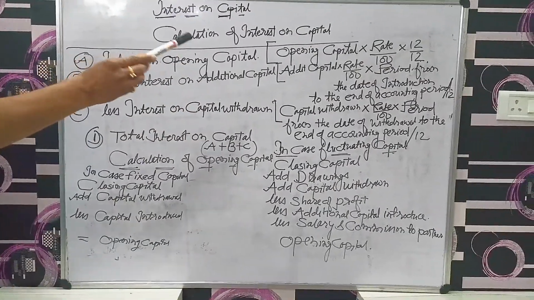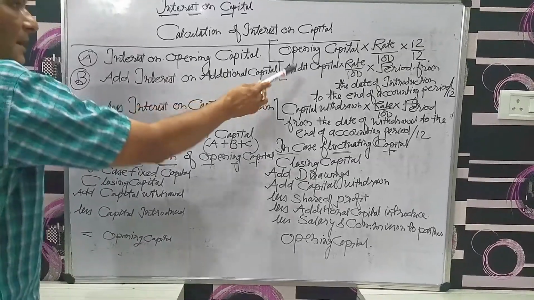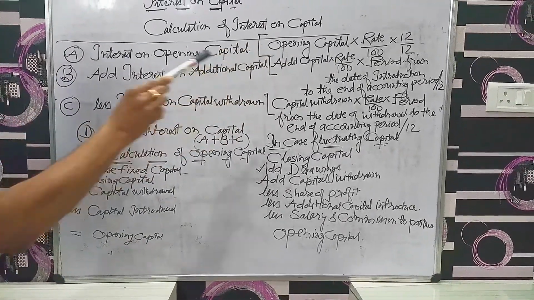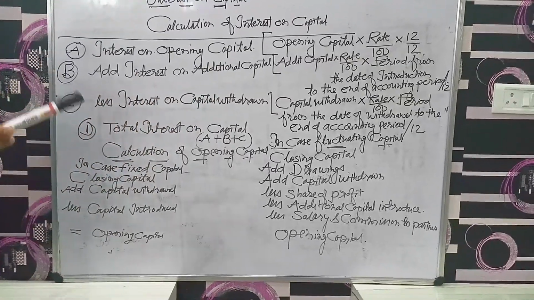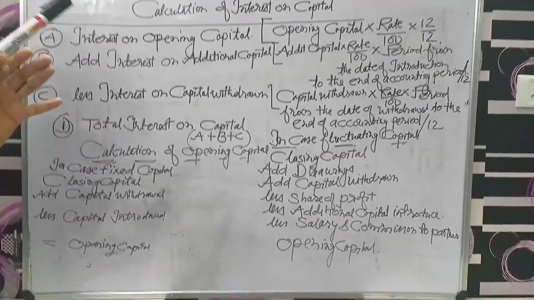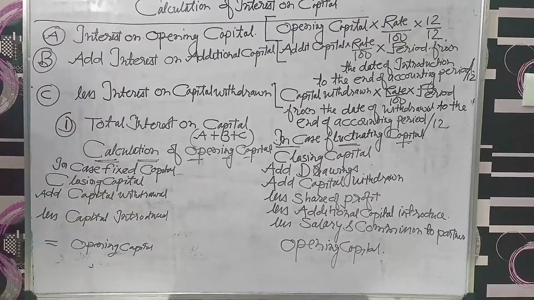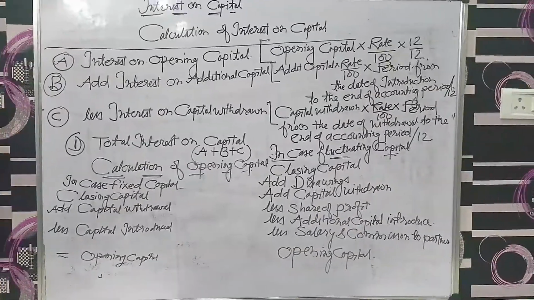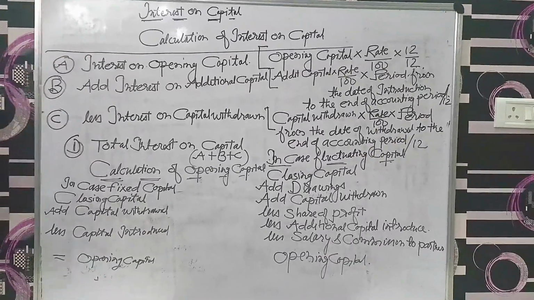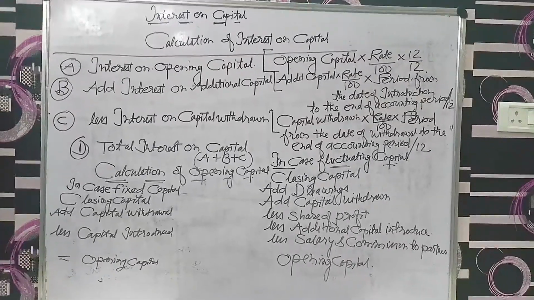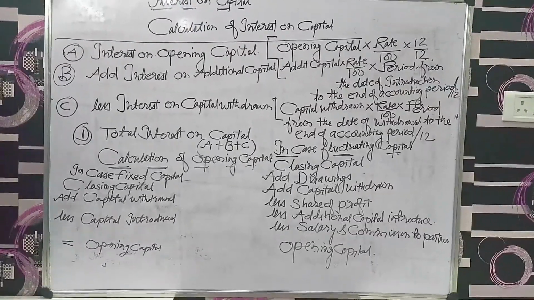We have to consider that additional capital into rate upon 100 into the period from the date of introduction of additional capital to the end of the accounting period upon 12. For example, on 1st October a partner introduced a capital of 10,000. So the time period would be considered from October to March, that is 6 months.